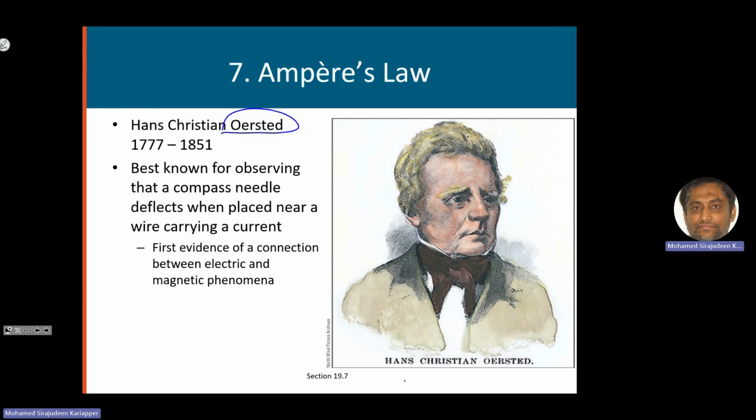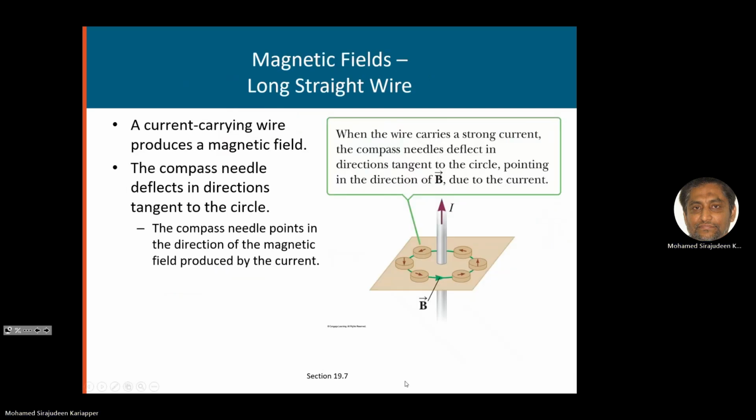The first evidence of a connection between electric and magnetic phenomena was found by Ørsted. He saw that a compass needle would deflect when placed near a wire carrying a current. And he did many experiments. He figured out, suppose there is a wire that carries a current, say in this direction, upward.